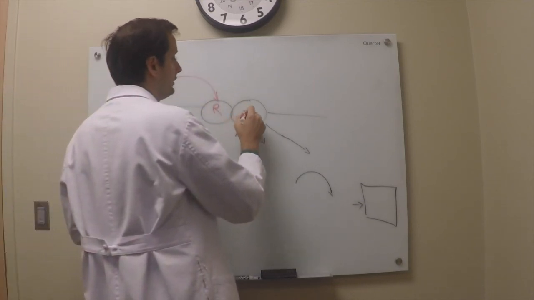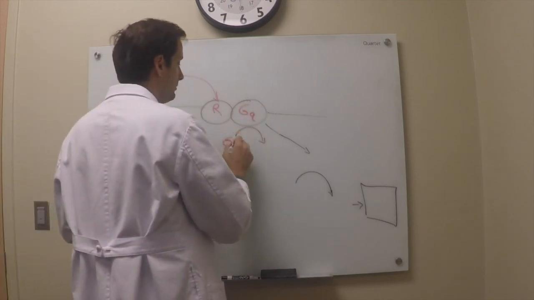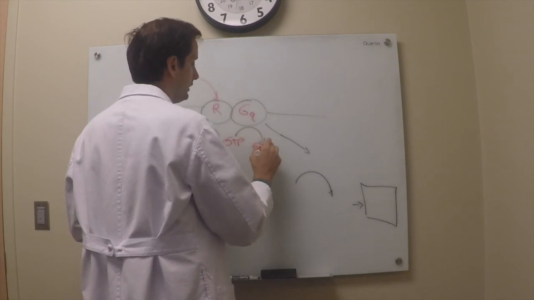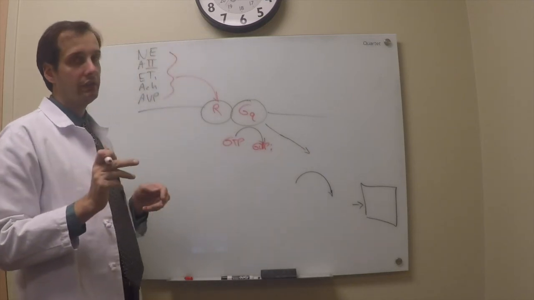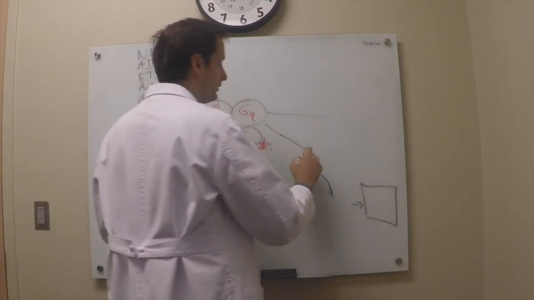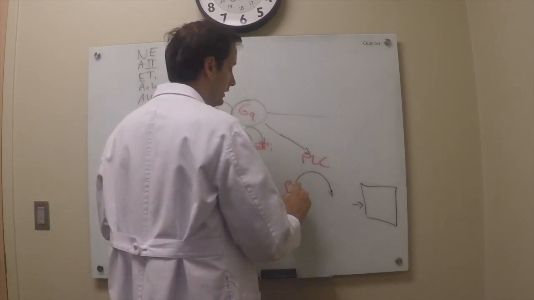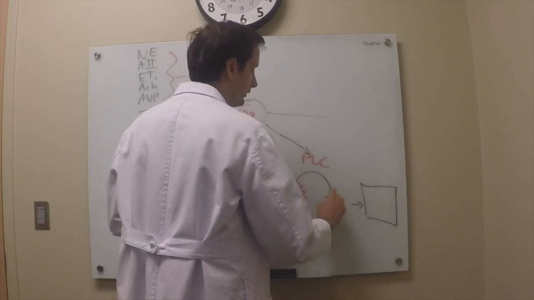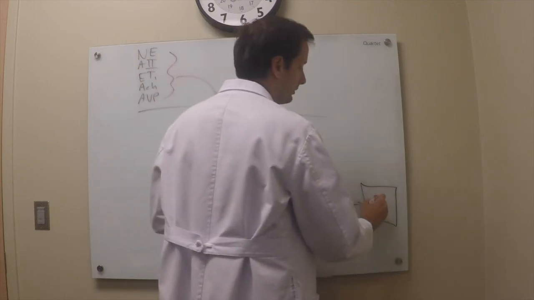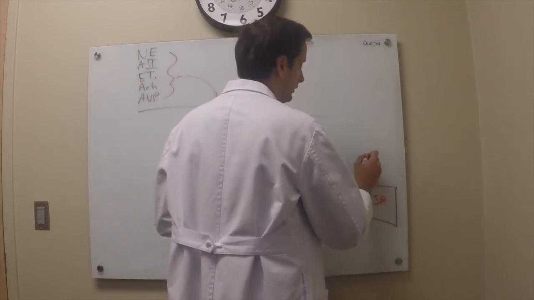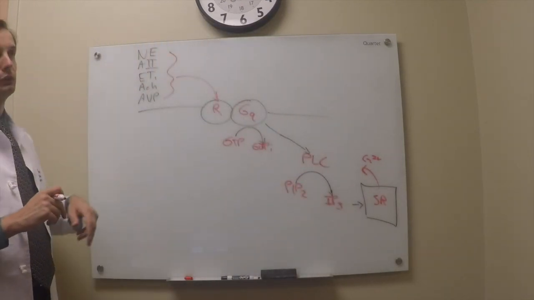This is going to stimulate a Gq protein, which in the presence of GTP going to GDP and inorganic phosphate, is going to activate phospholipase C, and phospholipase C will allow for PIP2 to be converted to IP3. IP3 will stimulate our sarcoplasmic reticulum to again release calcium and thus bring about contraction.